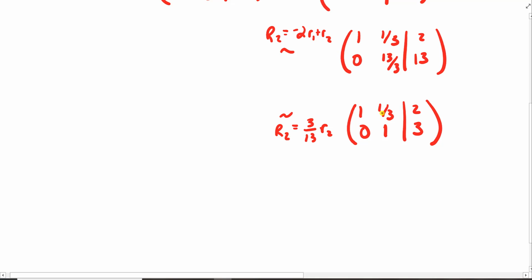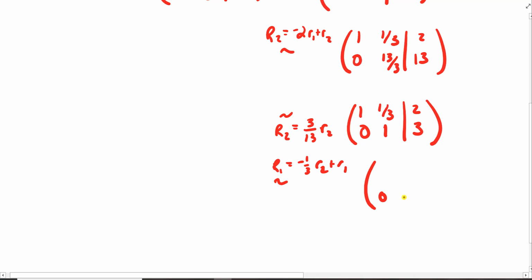Okay. Now I want to get a 0. Now that I was able to get a 1 in this pivot position, I want to get zeros above and below it. So I want a 0 in this position here. And so for my new row 1, I'm going to multiply my pivot row by -1/3 and add it to the row I'm working on, row 1.